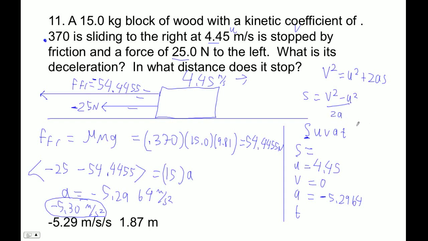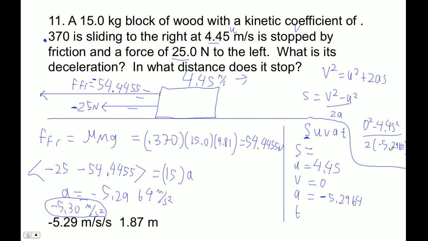So what is that? That's going to be 0 squared minus 4.45 squared over 2 times negative 5.2964.